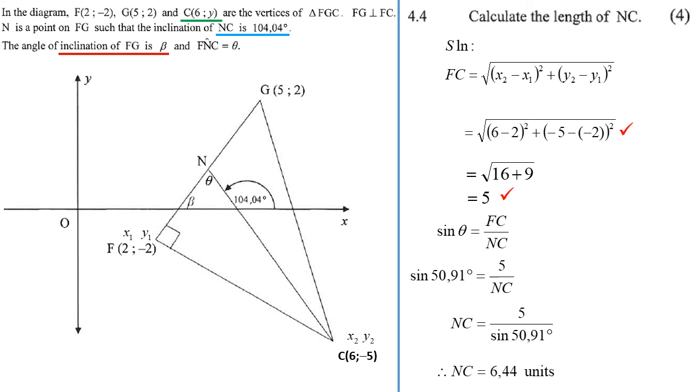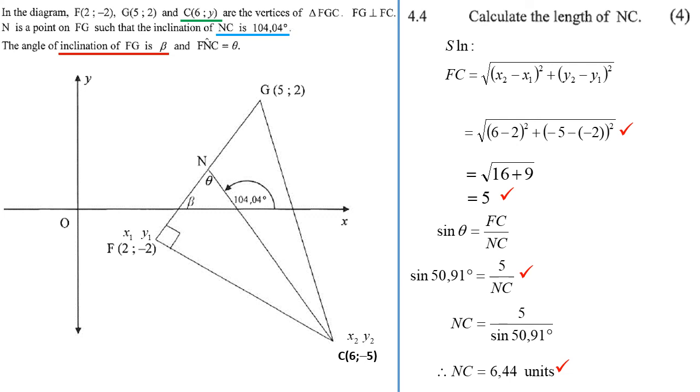Then from there, you'll also get a mark for the trigonometric ratio, being able to choose the correct trig function, which is sine, and substituting correctly the values. Substituting your FC and your angle. From there you play your maths, and then you find the final solution, which is NC.